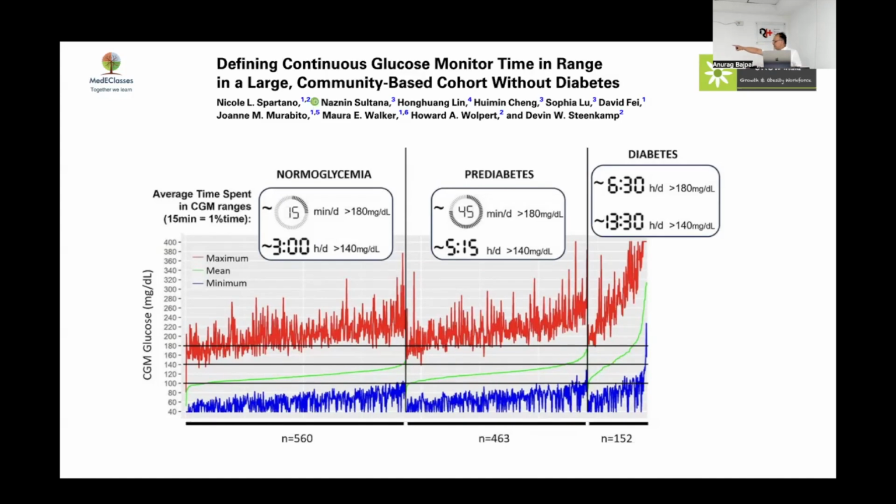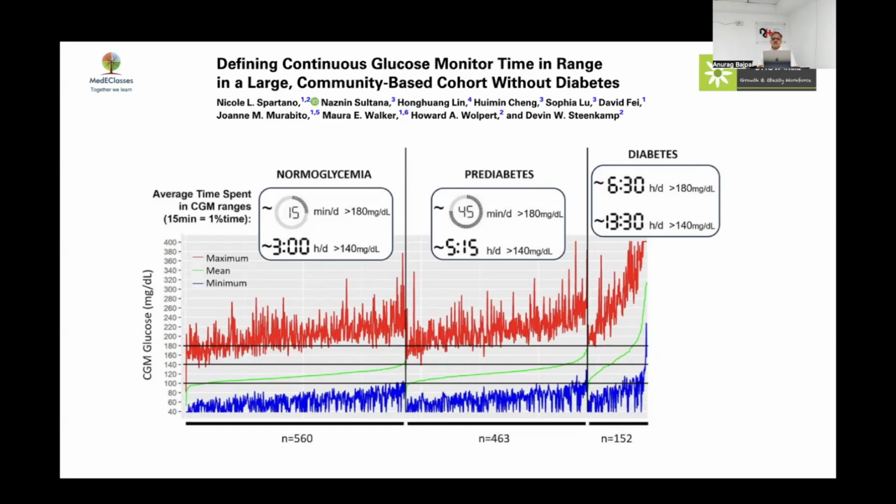And we can see clearly that there is a variation in terms of the profile. So what they defined is that somebody who has normoglycemia is spending less than 1% of their day in levels more than 180. So you can have occasional readings going above 180, but it's only 1%. And around 3 hours a day above 140. So this is the normal variation.